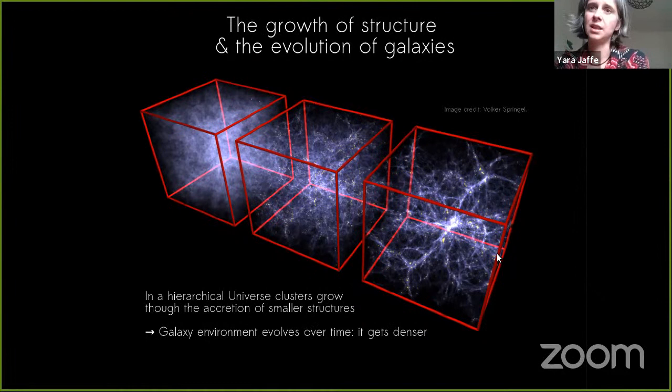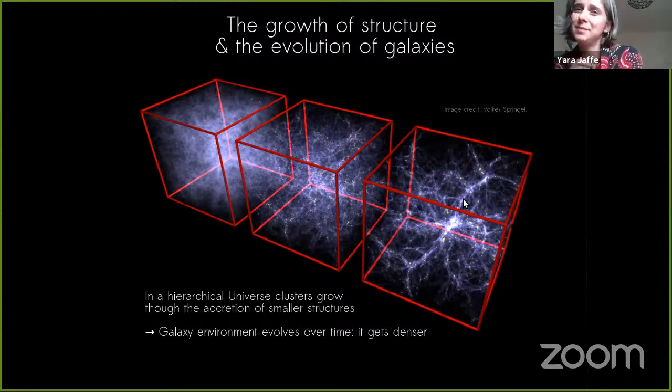You can see that in the early universe, the universe was quite homogeneous. There were only small anisotropies that grew with time and built up the most massive and large structures that we see today, which are massive galaxy clusters, filaments, and galaxy groups, which you can see here on the right.